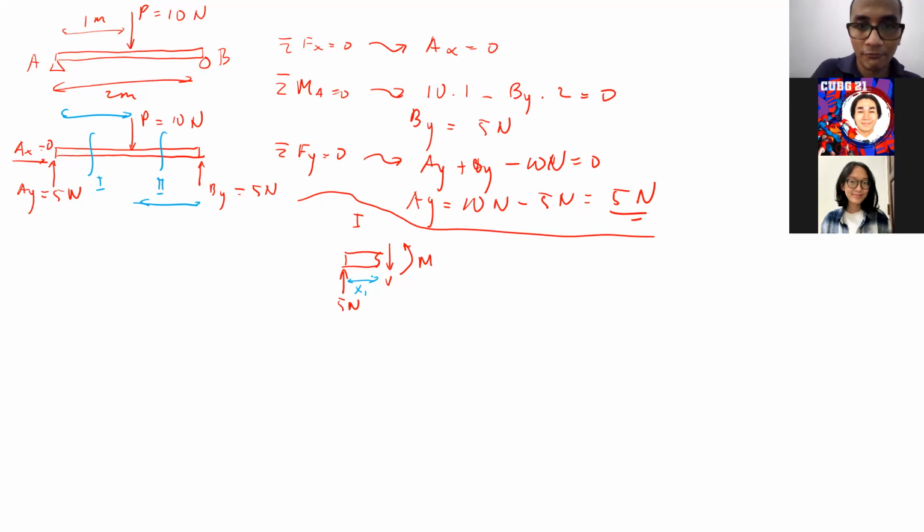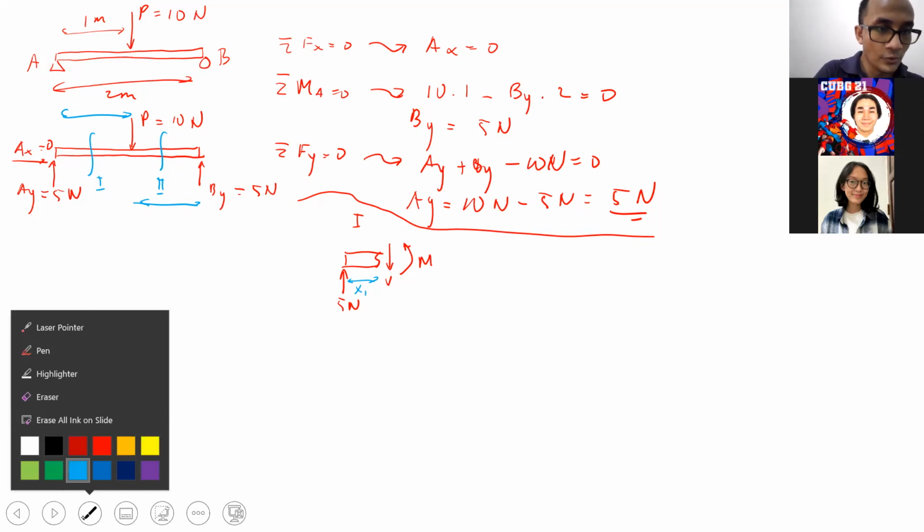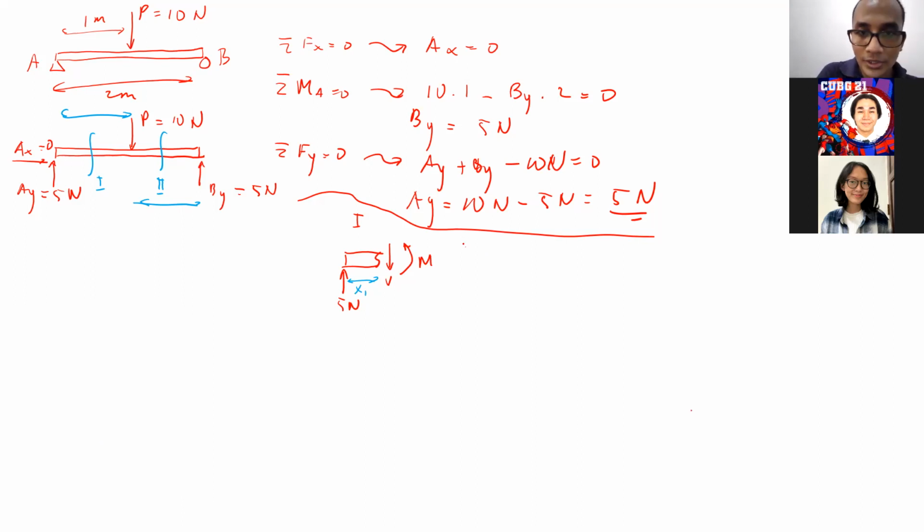Now, if we want to solve for V, we have to use sigma Fy equals 0, right? In order to solve for V, correct, right, Naila? Yes, sir. What do we have there?